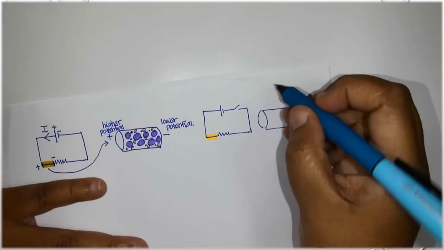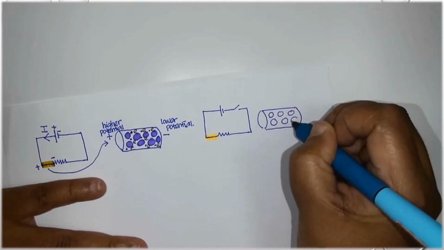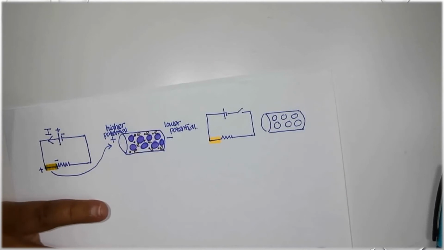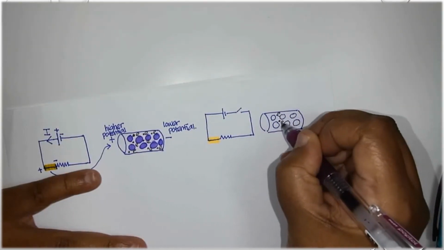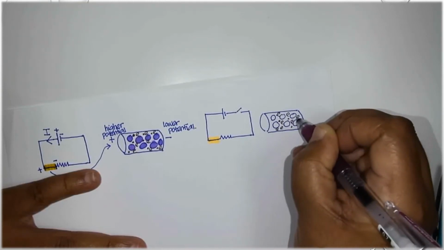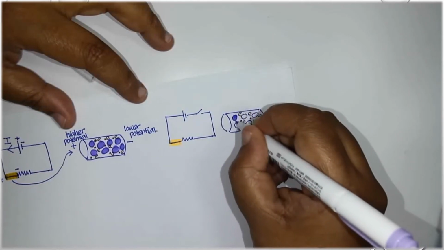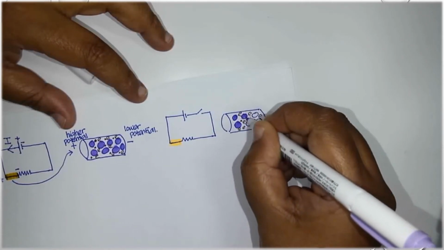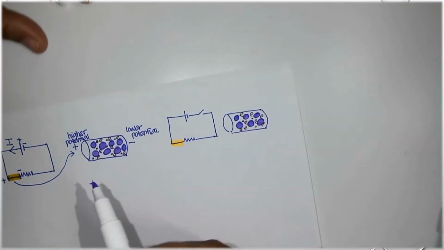They have all these ions, or atoms, sorry, and then they also have these free electrons. These are all the atoms, the molecules and so on.